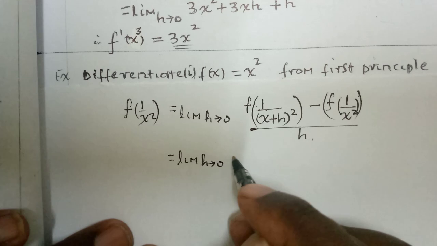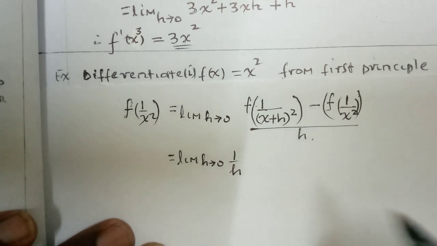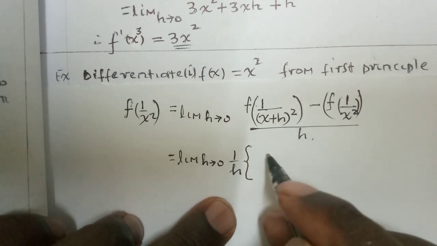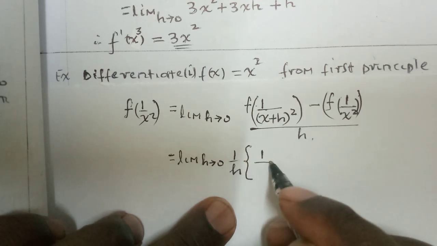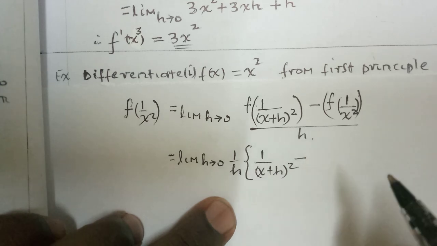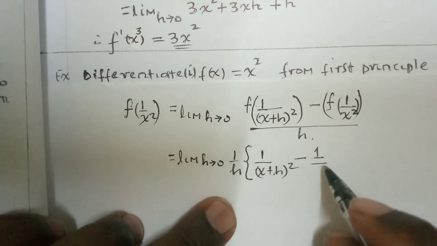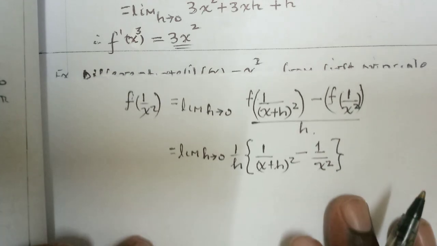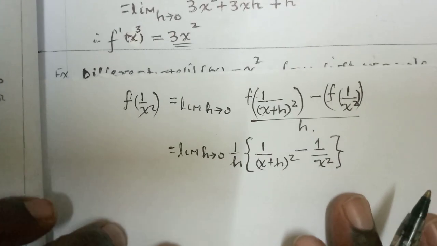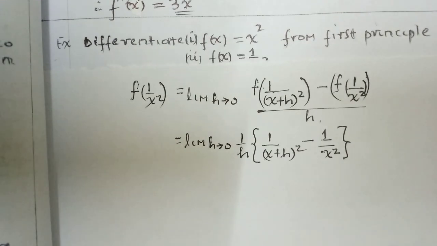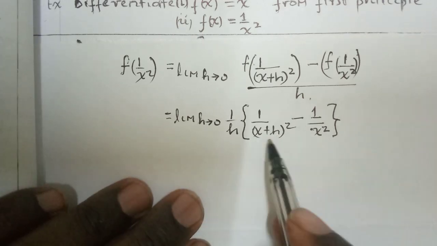Then I can bring out this h here, 1 over h, and then I write it like this. We'll get something like this: 1 over (x plus h) squared minus 1 over x squared. So we continue with that. We find the LCM for that.